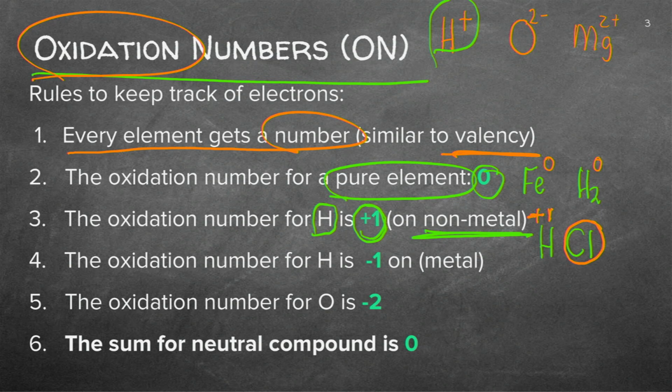Or in the case of water, H2O, the oxygen, which we'll learn just now, will be -2. So each of these hydrogens will be a +1. So that's the first rule. Hydrogen will be +1 and oxygen will be -2.